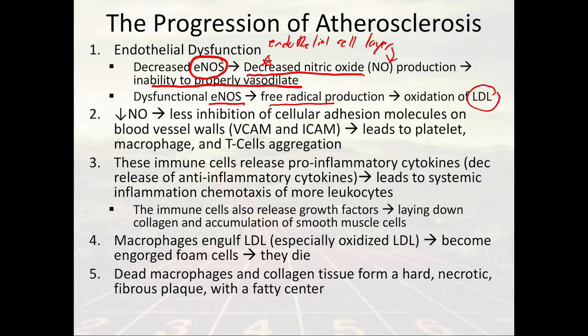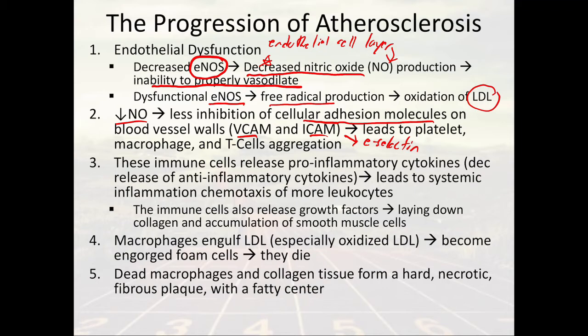The third thing that we see with decreased nitric oxide is that normally nitric oxide inhibits the expression of little molecules called cellular adhesion molecules. There are two of them here, VCAM and ICAM. There's another one in the image you'll see in a second called E-selectin.